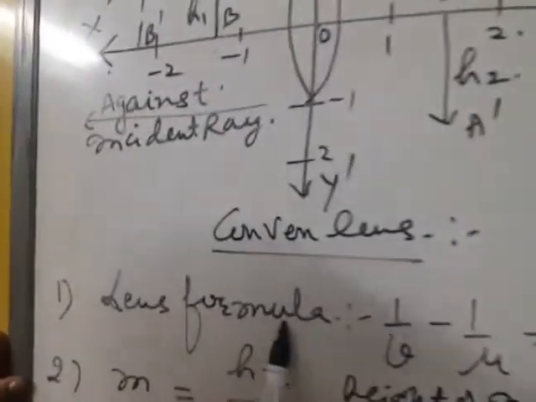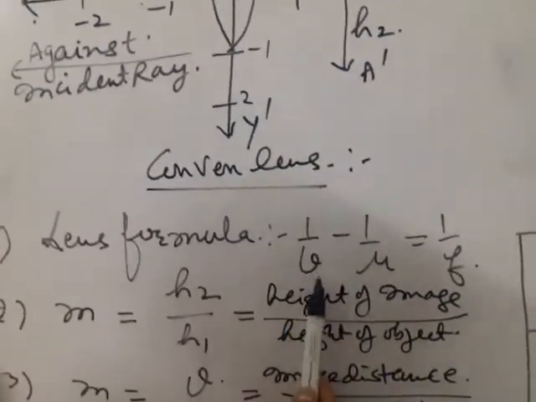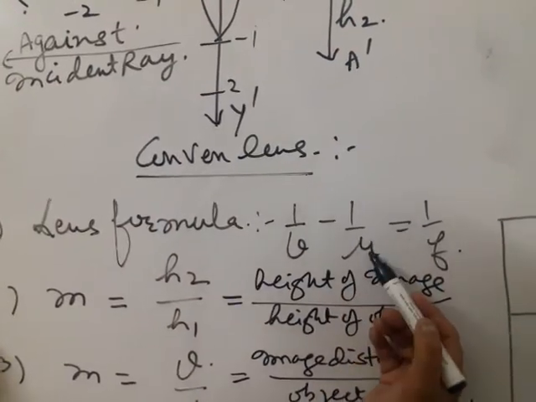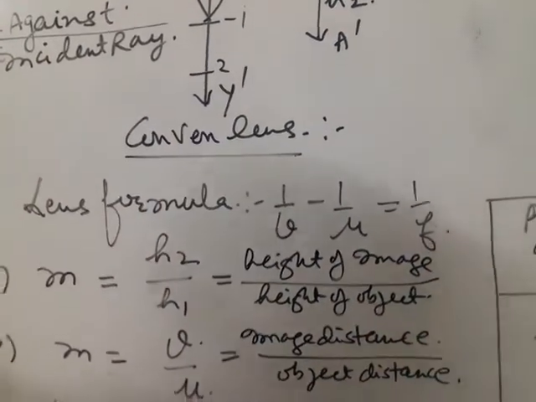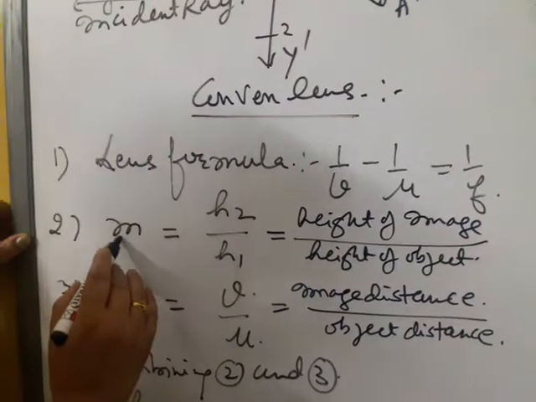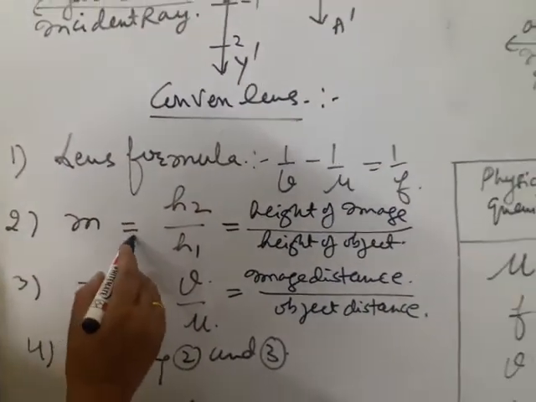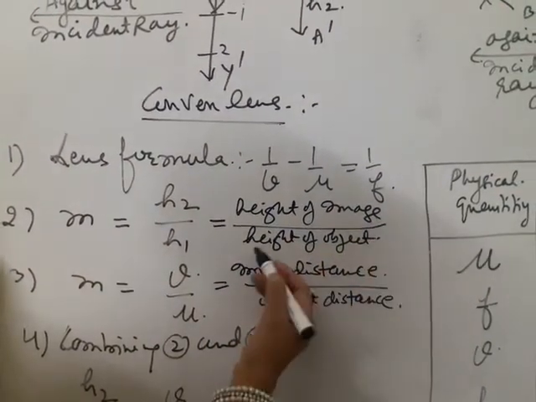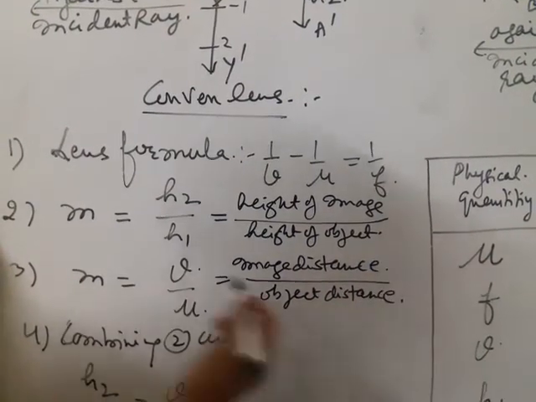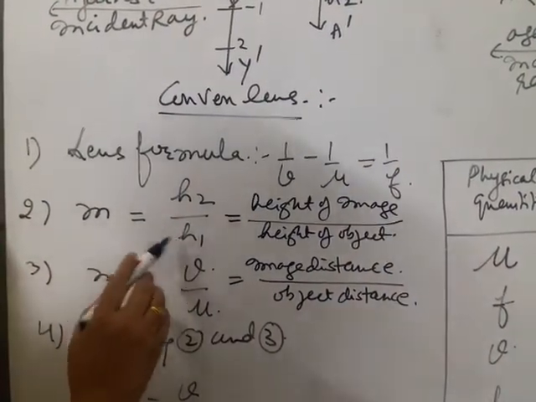Here is lens formula. Lens formula is 1 upon V minus 1 upon U is equal to 1 upon F. Magnification of lenses, this is equal to height of image upon height of object, that is H2 upon H1.